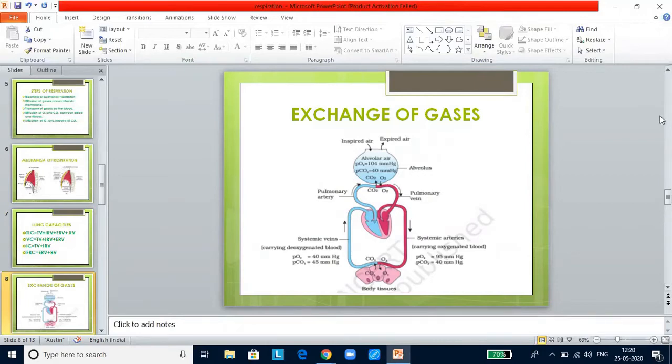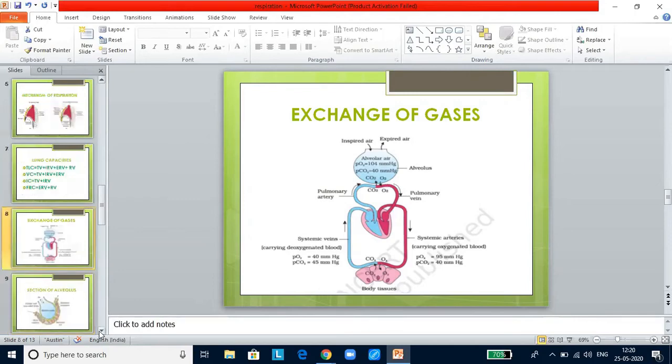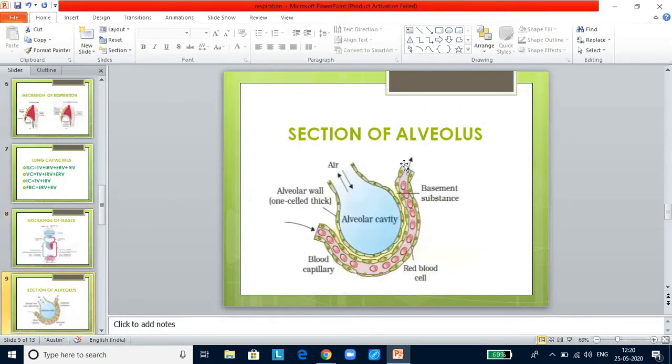As the solubility of carbon dioxide is 20 to 25 times higher than that of oxygen, the amount of carbon dioxide that can diffuse through the diffusion membrane per unit difference in partial pressure is much higher compared to that of oxygen. This diagram is important, where they might ask you what the value is and what it shows. In a section of an alveolus, the diffusion membrane is made up of three layers: thin squamous epithelium of alveoli, the endothelium of alveolar capillaries, and the basement substance in between them.